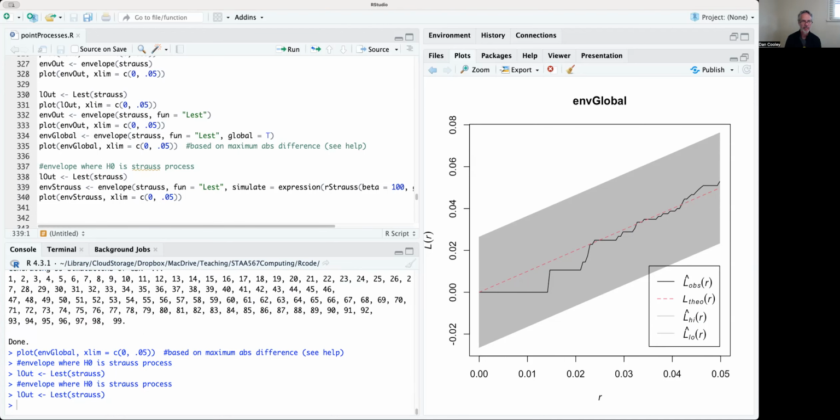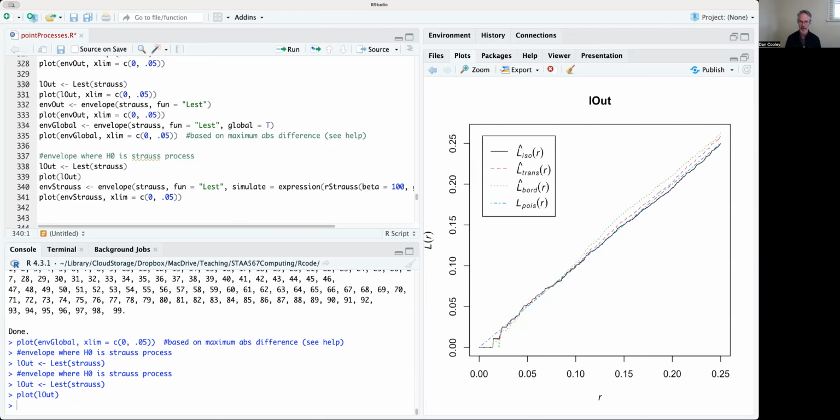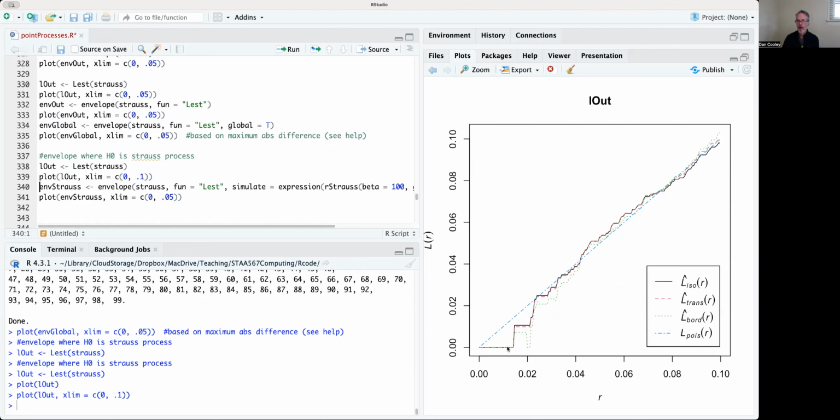Here's our Strauss process again. I guess I want to plot L out. Let me try. Okay, so here is our Strauss process. I guess my window is a little bit big. And we talked about how we failed to reject the null hypothesis under complete spatial randomness.